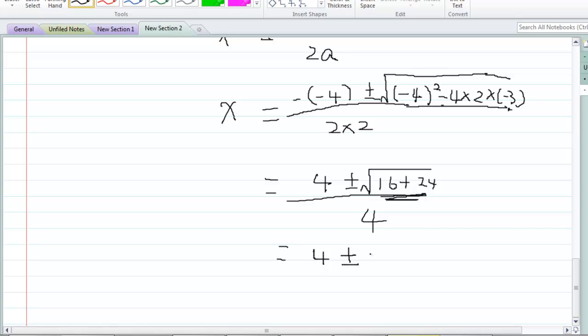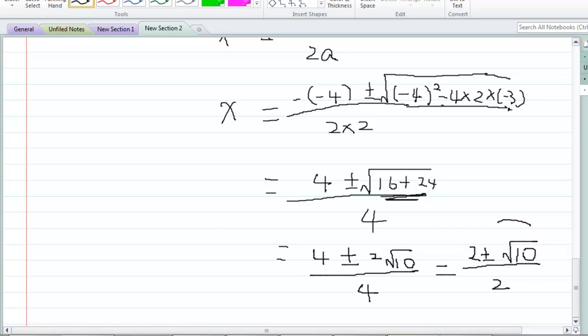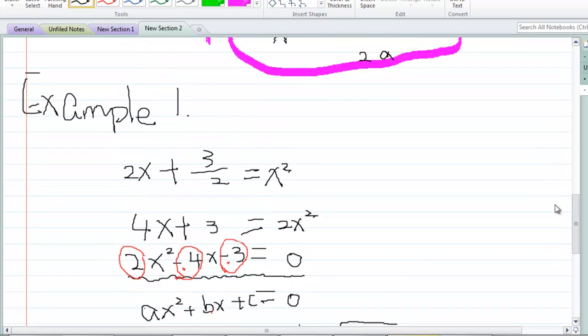Basically, you have the square root of 40, which is 4 times 10, and you take the square root of the 4, so 2 comes out. You have a 10 still inside the square root. Then you can divide by 2, both in the denominator and the numerator, so you have 2 plus or minus the square root of 10. So that's your solution for x. These are the 2 roots for this quadratic equation.